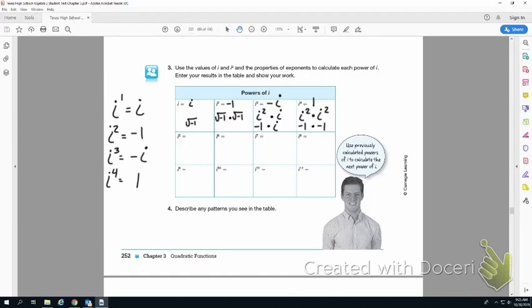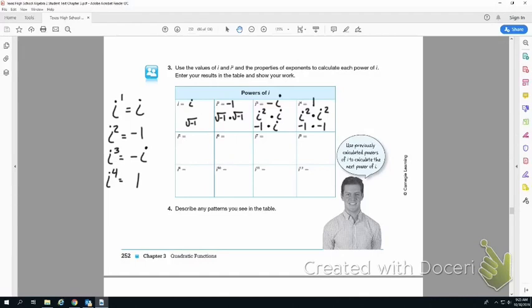Starting with i to the 5th, I would just start this pattern over. This could be i to the 6th, i to the 7th, i to the 8th. So we're going to go through i to the 8th, and I'm going to explain why that is. The big idea, whenever you're having to figure out exactly what it equals based on that exponent, is that groups of 4 are really the key.